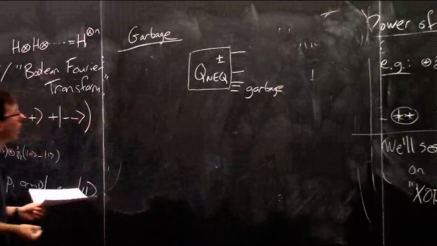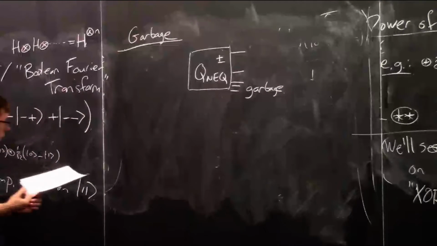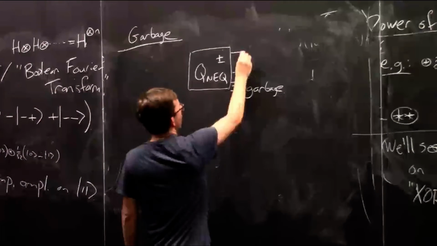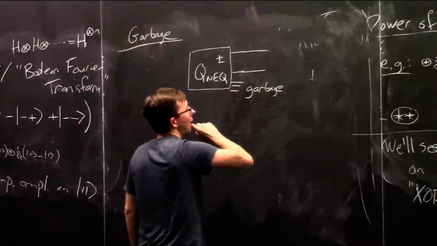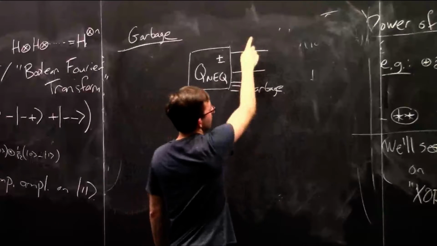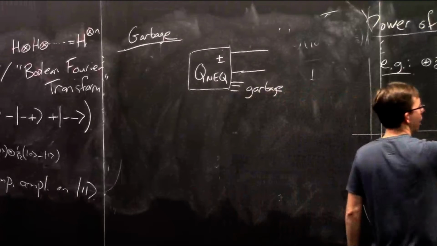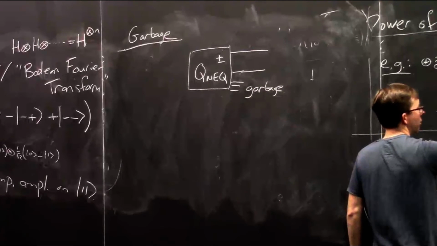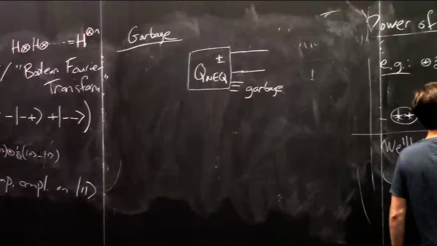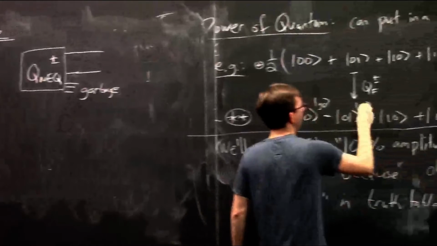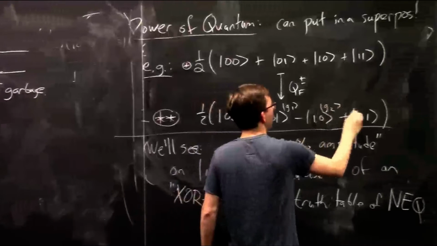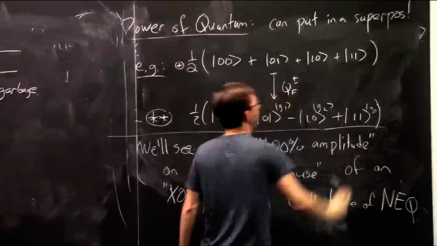I want to try to illustrate why that's bad. Okay, so let's say that at this point, we get into this state, except that there's some garbage here, like G0, G1, G2, and G3, tensored in.